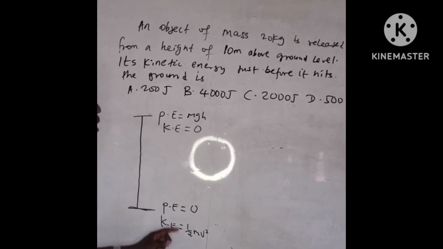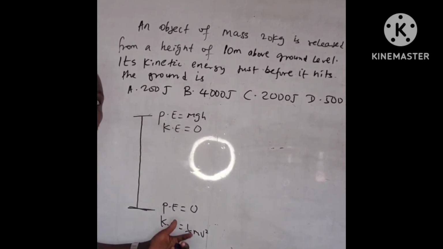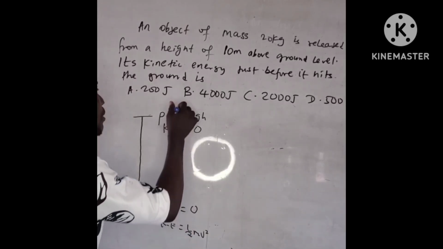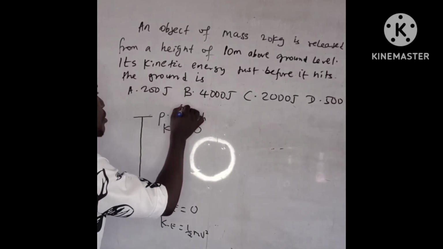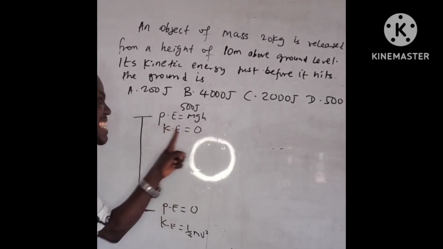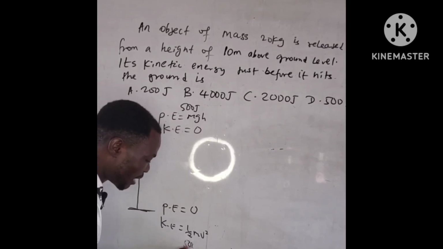So before it hits the ground, the entire energy transforms from potential to kinetic energy. In other words, if it possesses a potential energy of say 500 joules at the top, by the time it hits the ground, the entire potential energy will be transformed to kinetic energy.